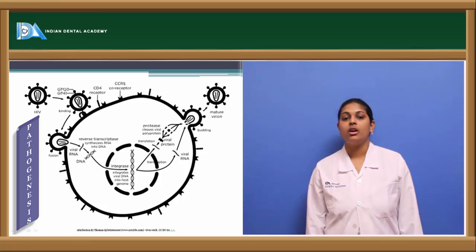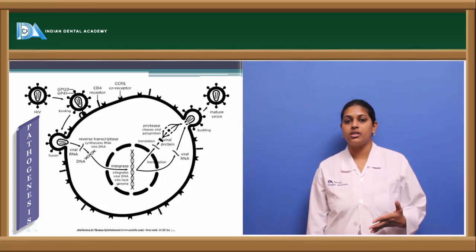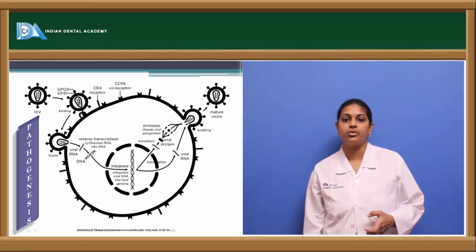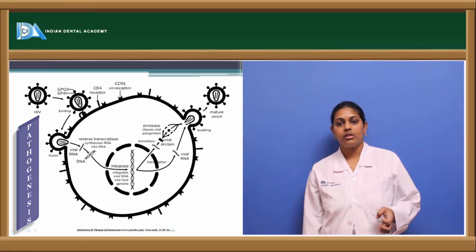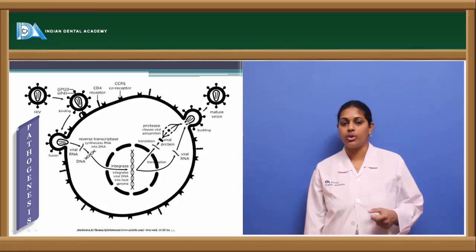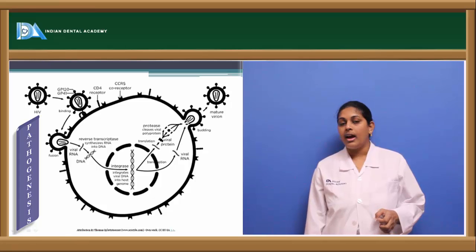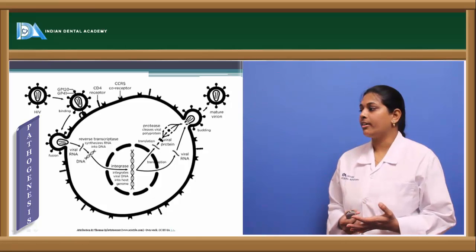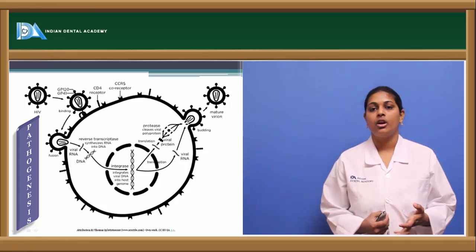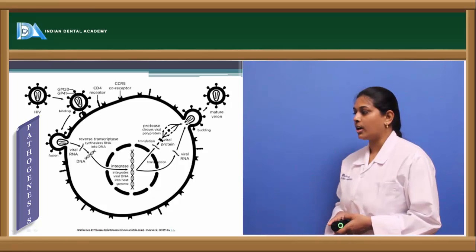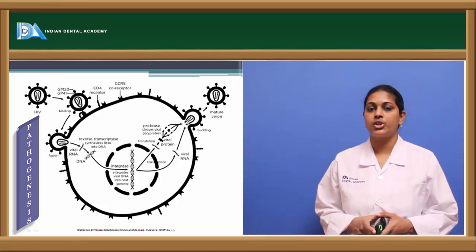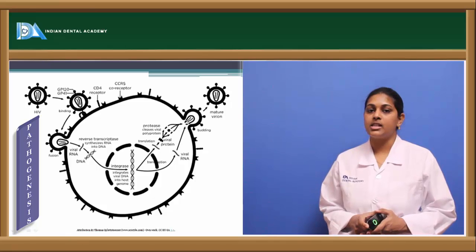Coming to the pathogenesis, there are certain phases. Firstly, as we have seen, GP120 plays an important role in attaching to the host target cell. As the HIV is exposed to the host cell, it attaches to the receptors. HIV has tropism for CD4 plus T cells present in the host.